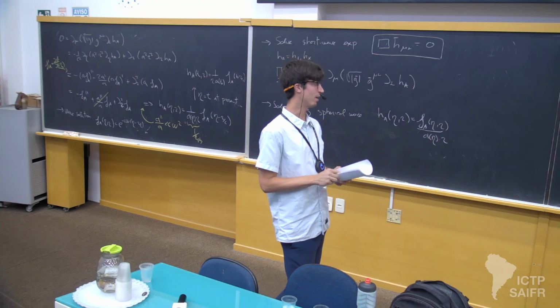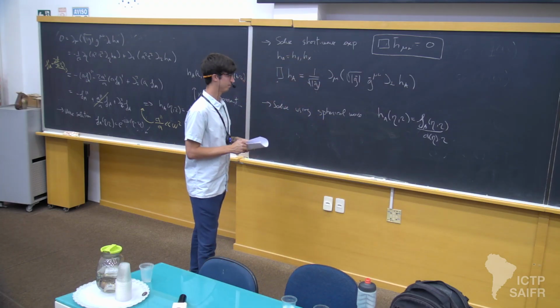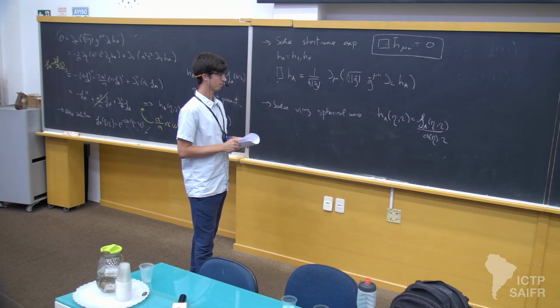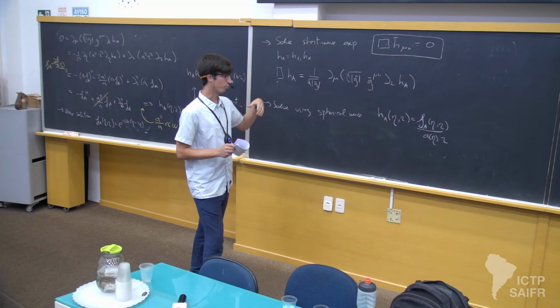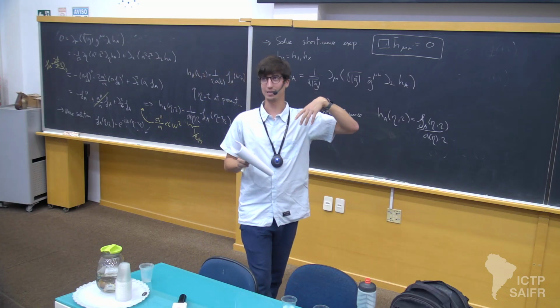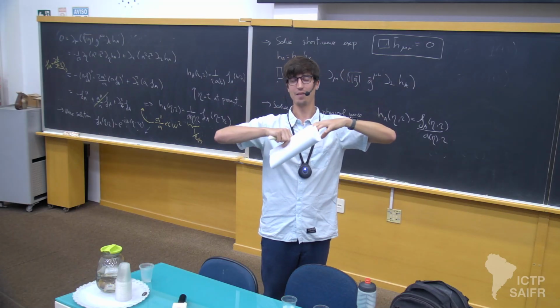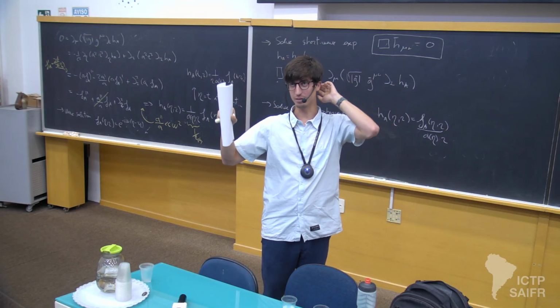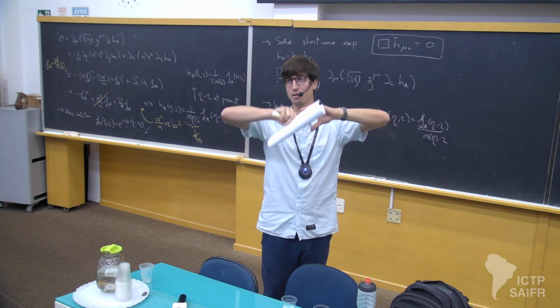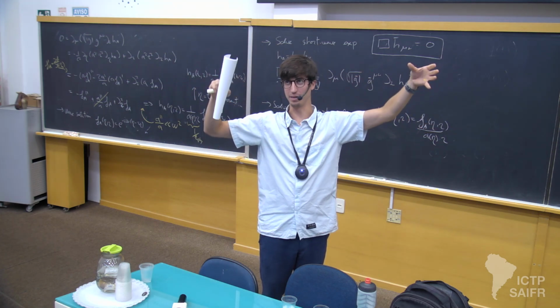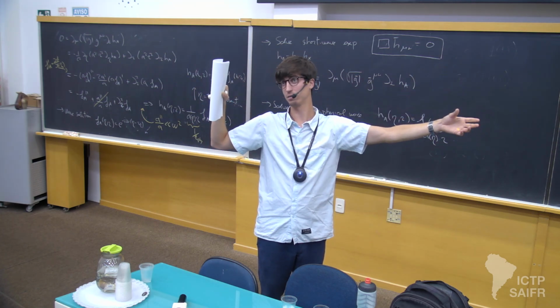What happened with the angular part? Well, what we have seen is that the emission of the gravitational wave is given by the quadrupole. So actually, the angular structure is going to be determined by that.